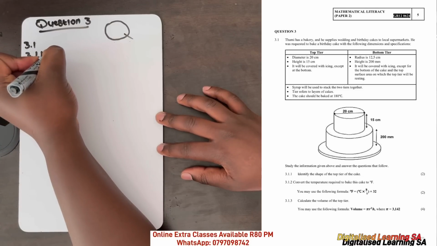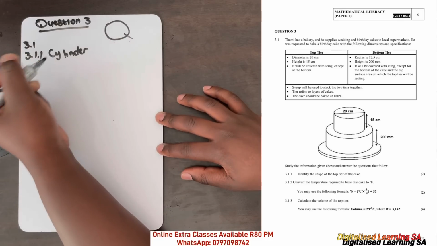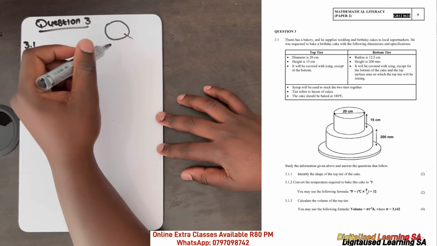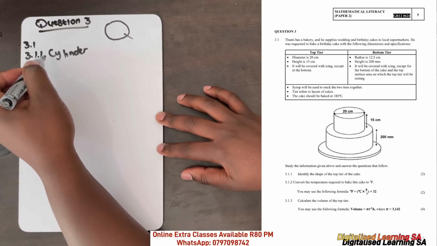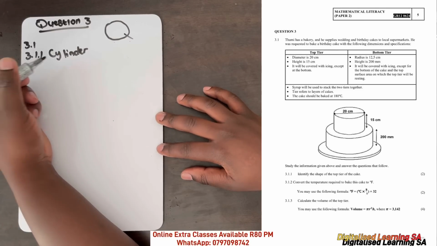So the shape would be a cylinder, because we don't have a circle as a shape. It's a cylinder.